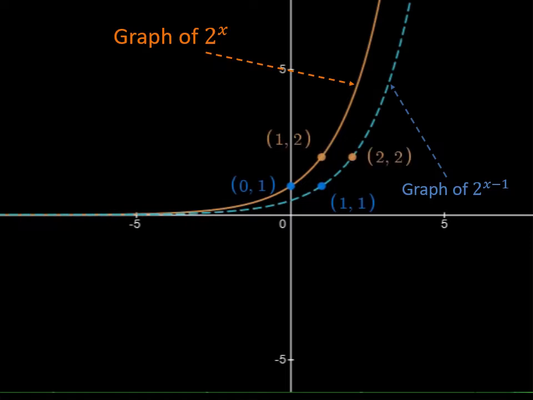So it got shifted one step to the right. Notice the x values: it was 0, it became 1. When it was 1, it became 2. So it got shifted one step to the right.